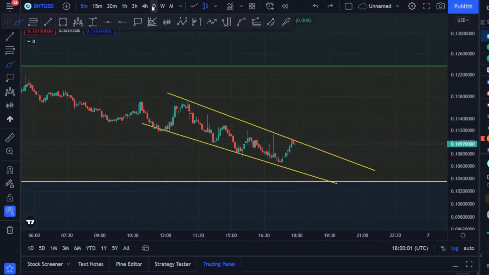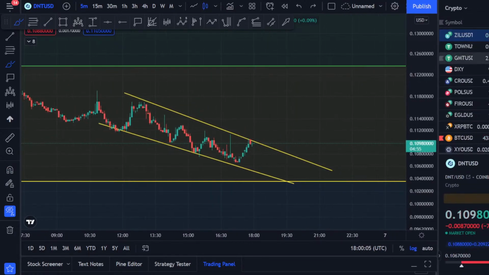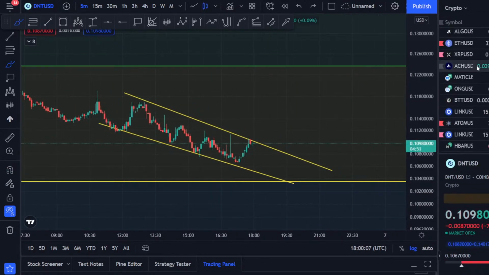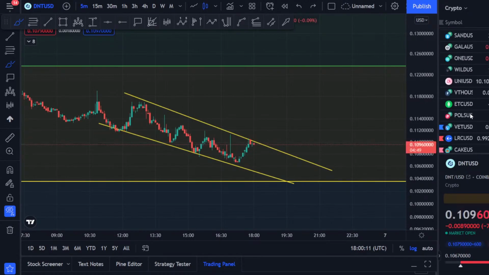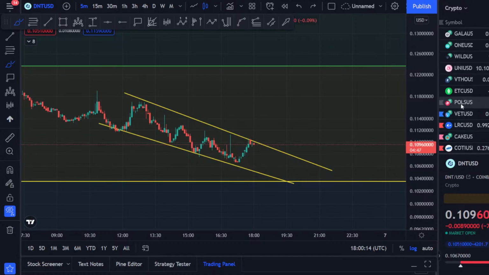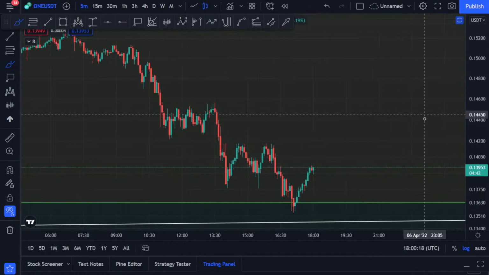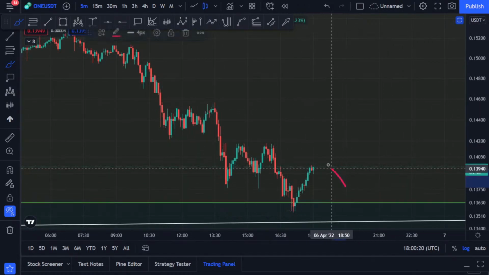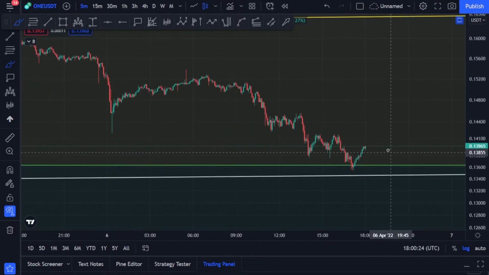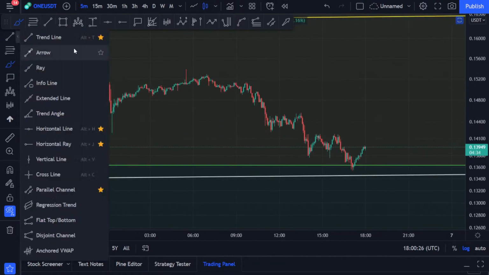And even if you look at one other coin, let's just take Harmony One, okay? Where is Harmony One? Okay, you can see, oh, look at this, how beautifully it has started moving up. So with Harmony One, we are in the 5 minute time frame. You can just bring this trend line.